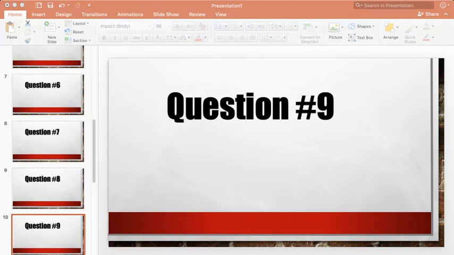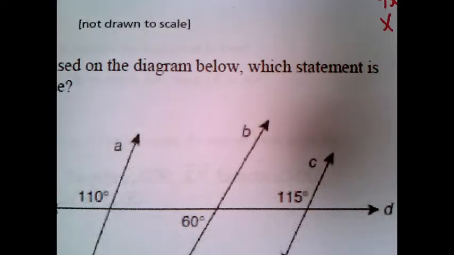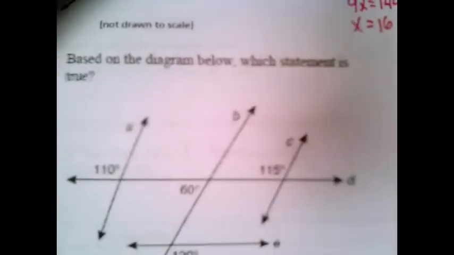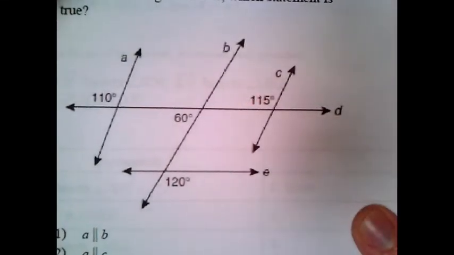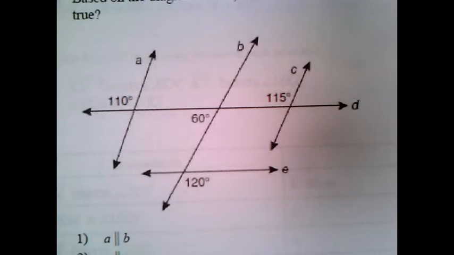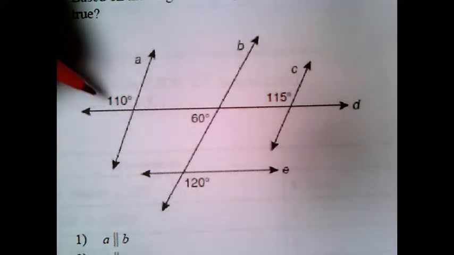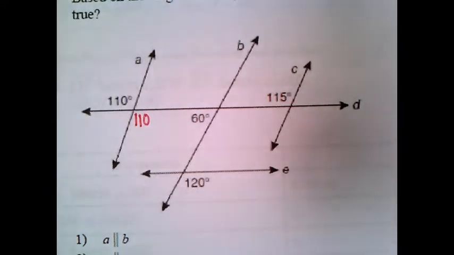So number 9 is going to look like this. Zoom out a little bit. Okay, so they want to know what lines are parallel, but the easiest thing to do, I've talked about this a lot this year, is fill out the picture. Just completely fill out the picture before you do anything else. So we're going to go through. If that's 110, that's 110.